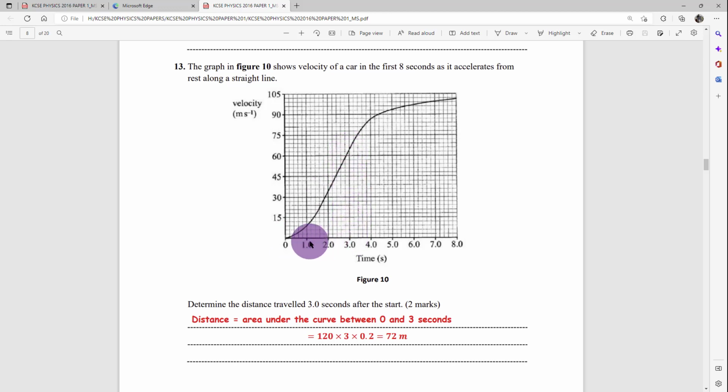And the good thing is that since you've been given the grid, you can decide to calculate the area of one small square, and then find out how many complete small squares we have, and then how many half squares we have. You know, that method that we use to calculate area of irregular surface. And when I did that, I got about 72 meters.